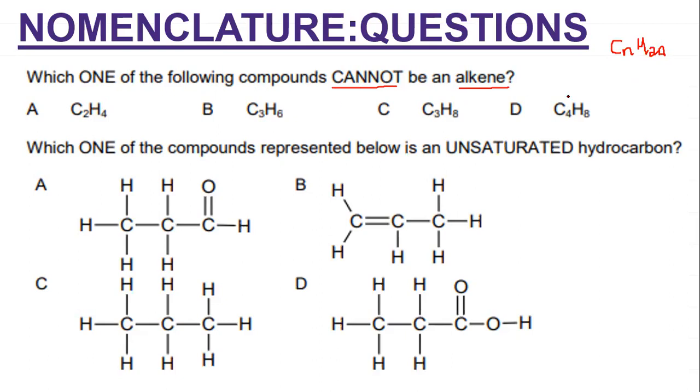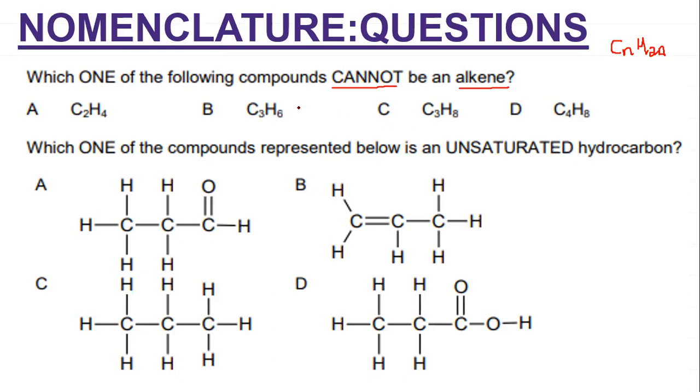So you can check. If you have 2 carbons, it will be C2H2 times 2, so it will be C2H4. So this one is definitely an alkene. Then let us check this one. If I substitute 3 where I see n, it will be C3H2 times 3 is 6, so this will be C3H6.